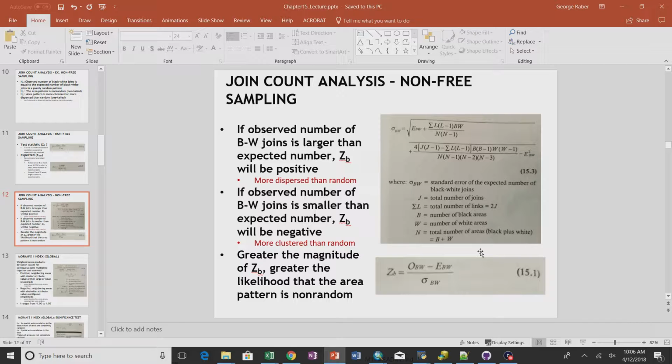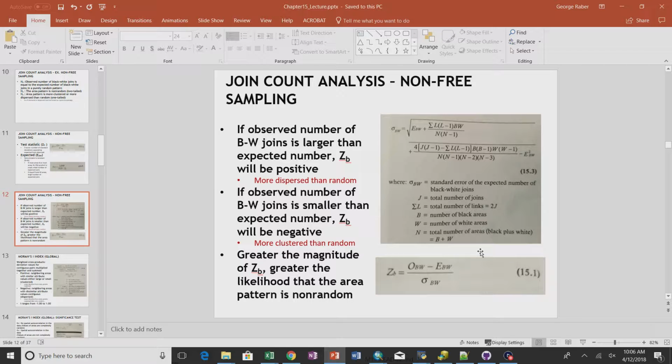So a link is technically the relationship between each polygon. And so a link happens twice, and that's why it's 2 times the number of joins.